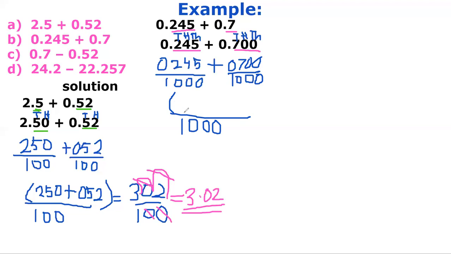Okay, now we have 0.245 plus 0.700. Okay, remember I said any number that begins with a 0 is the same as that number. Okay, so now you add these things, you work it somewhere.